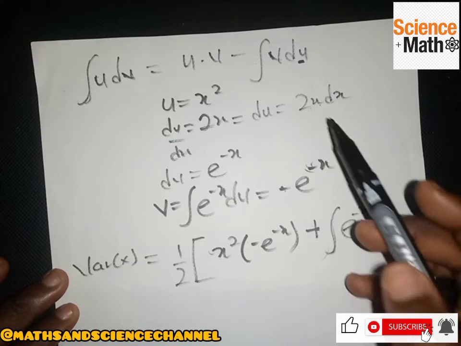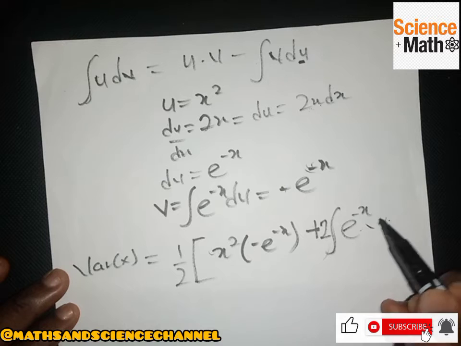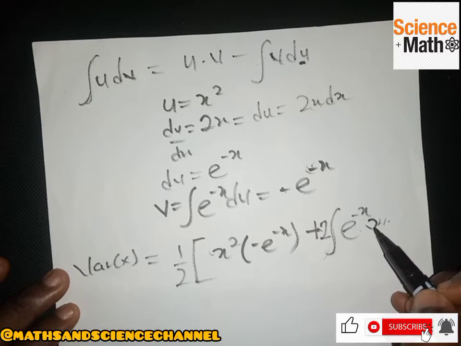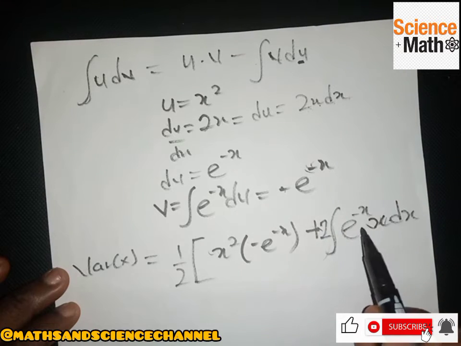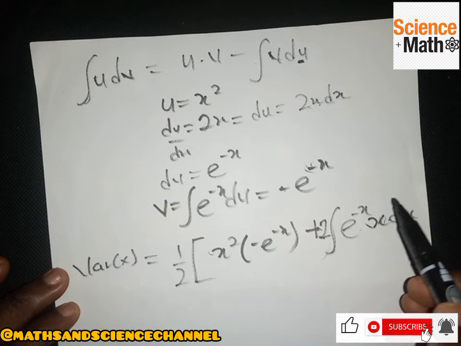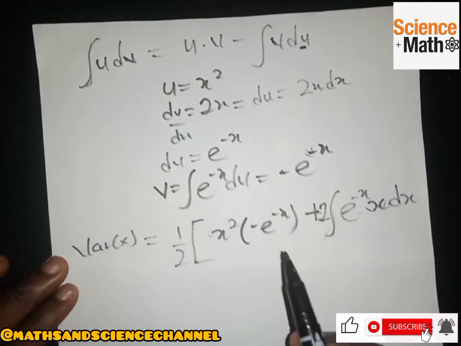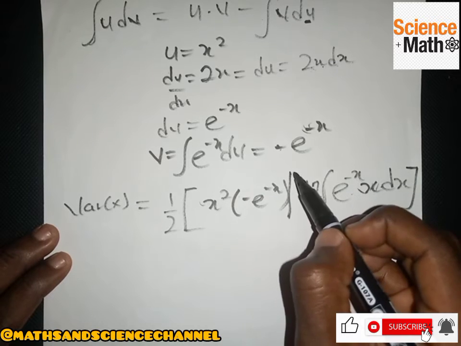So what we can do is bring the 2 out, because we are multiplying by 2x. We bring the 2 out, and we are left with x e to the power minus x dx. So realize that the integral is still incomplete.